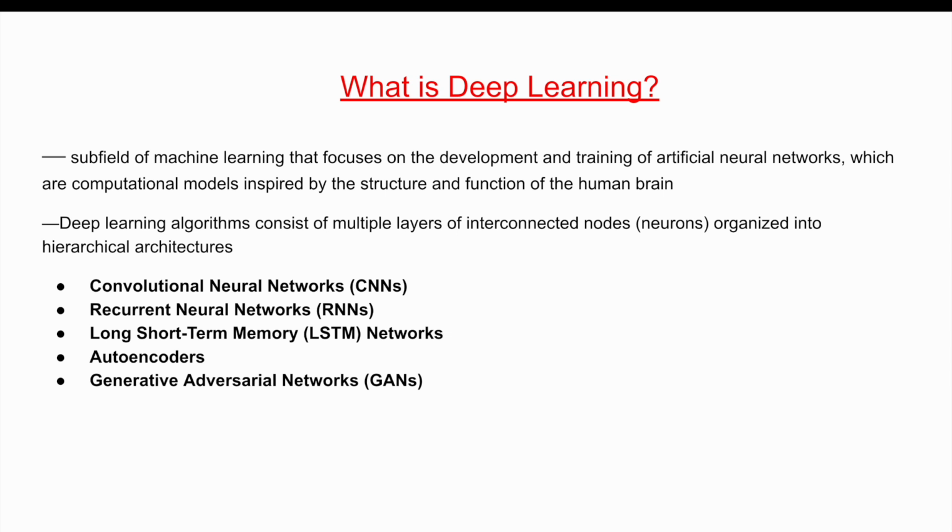What are convolutional neural networks? We'll talk about that in a minute, but before that, I wanted to mention that deep learning algorithms consist of multiple layers of interconnected nodes, also called neurons, which are organized in hierarchical architectures.